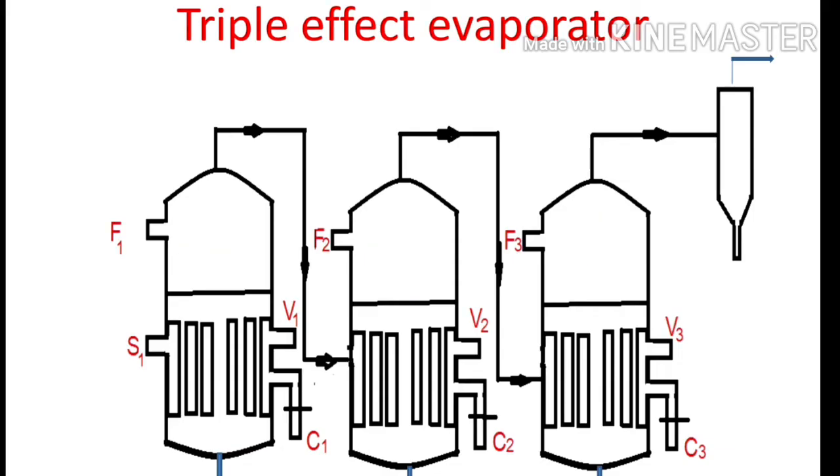The standard vertical tube evaporator consists of a large cylindrical body with dome-shaped top and bottom. Calandria is fitted at the bottom of the evaporator. Calandria is used as a heat exchanger, and inside the calandria several vertical tubes are arranged.